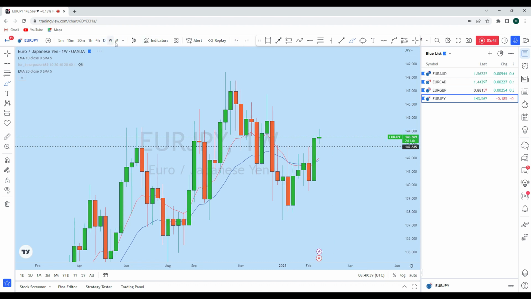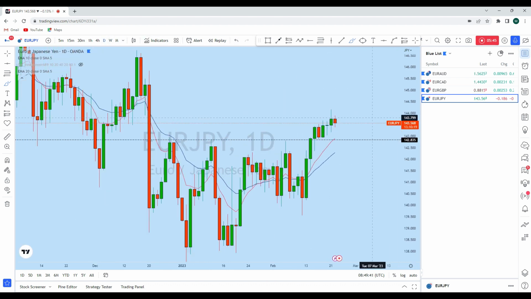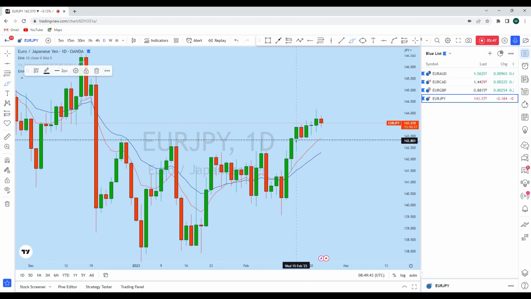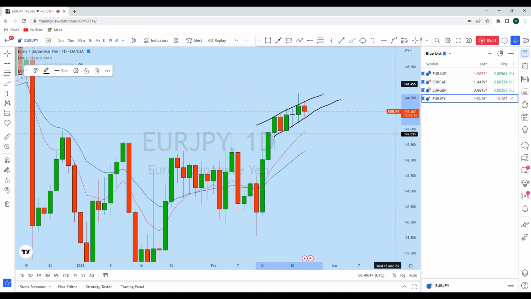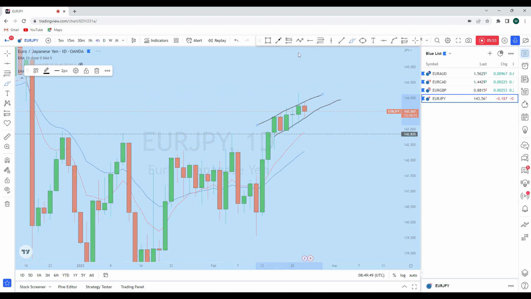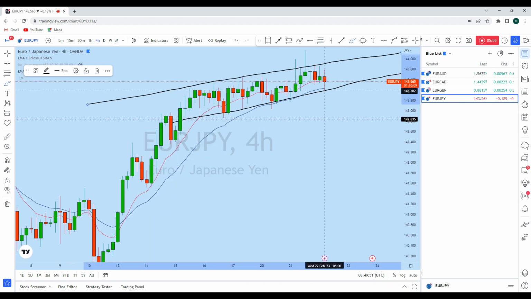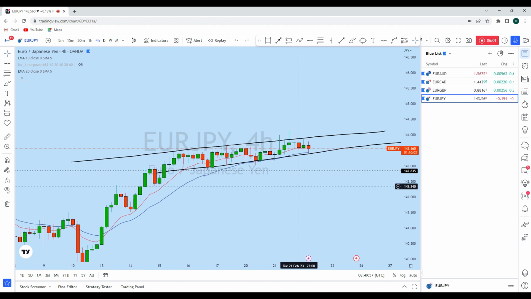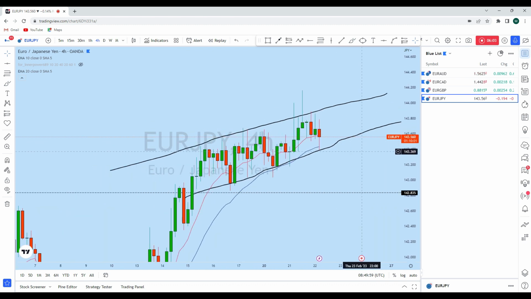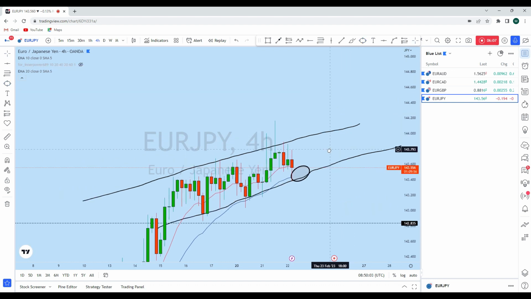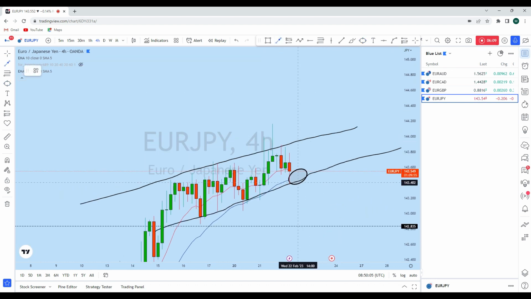On the daily, there is a typical uptrending market structure, and this channel is trying to break to the upside. On the 4 hour, the price from this support zone is slowly rejecting to the upside. As soon as we find a local price action that gives us a suitable entry opportunity on EURJPY, we'll consider going long with a high probability trade setup with our students.